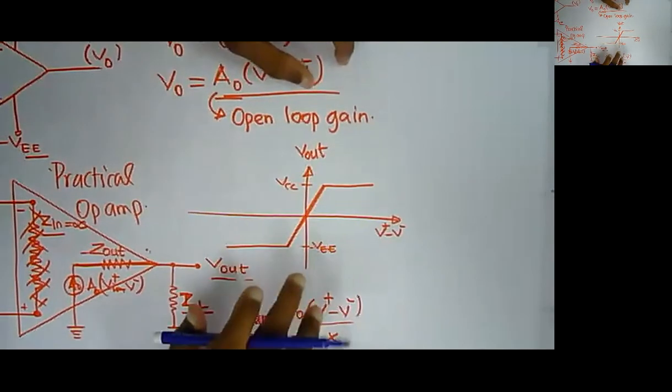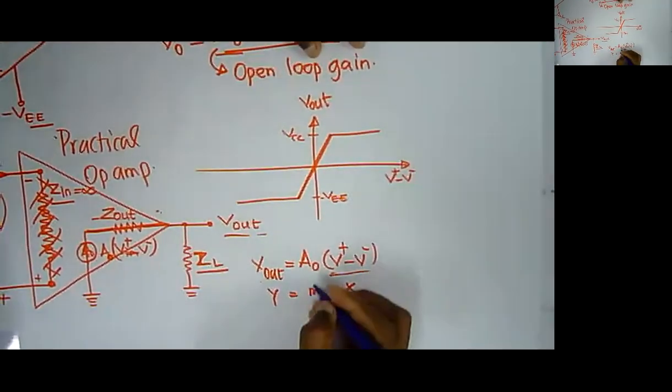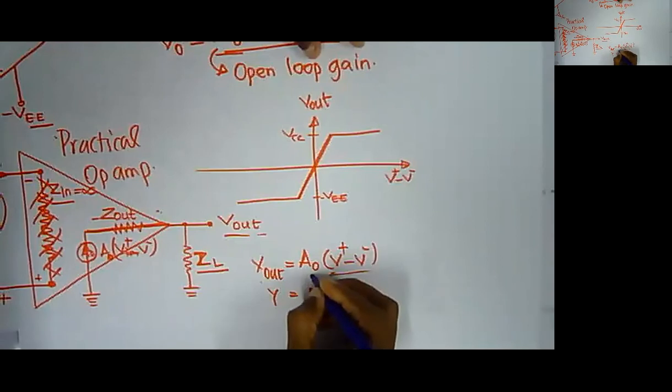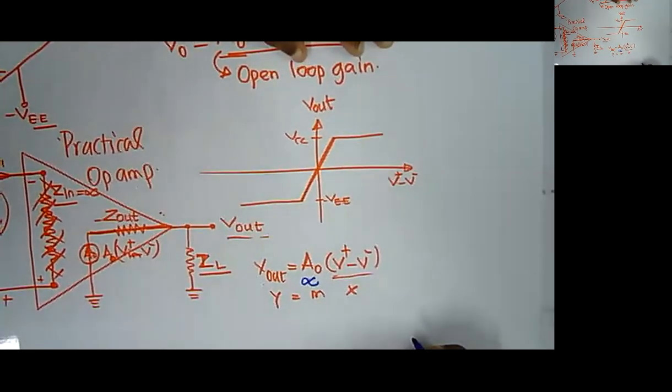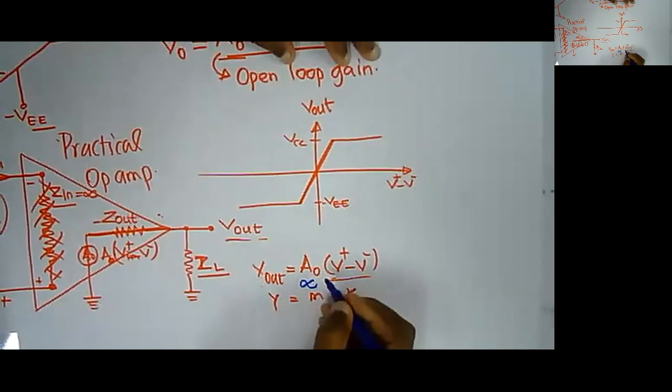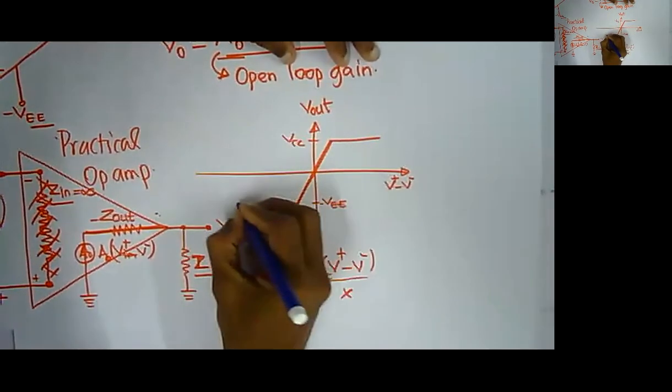Suppose I use an ideal operational amplifier, then my AO becomes infinity. As we saw earlier in the ideal diode characteristics, infinity means there will be a sharp increment.